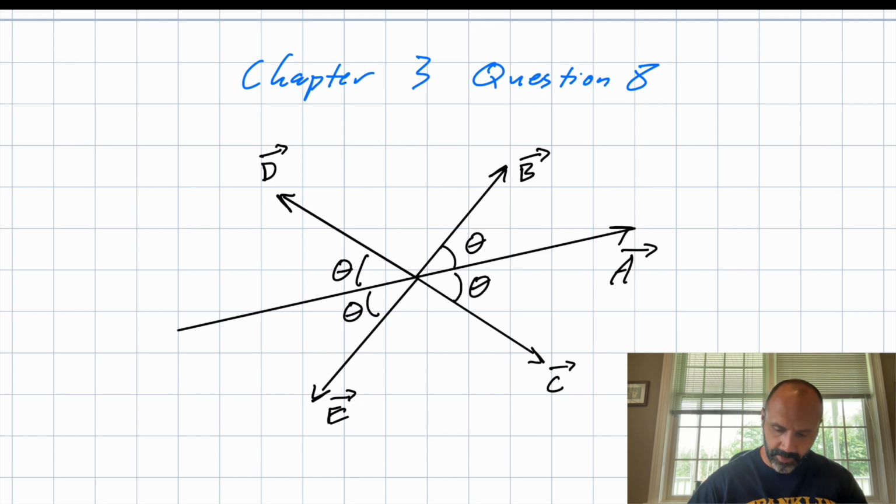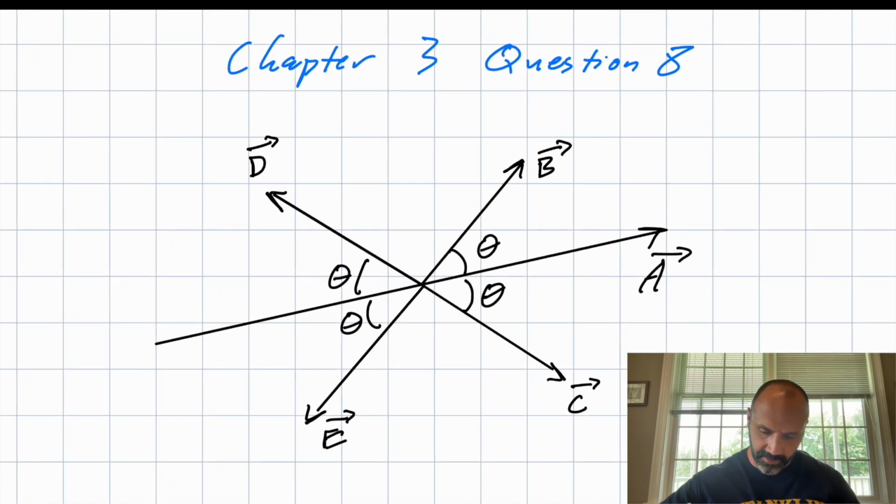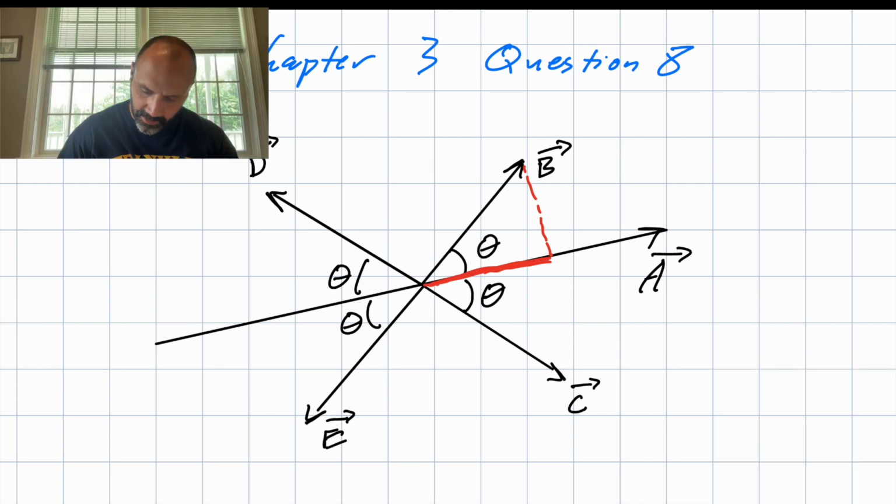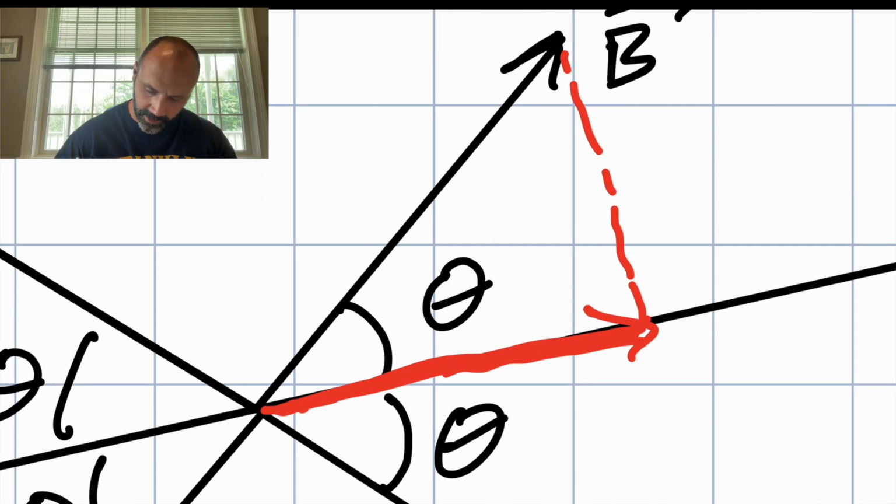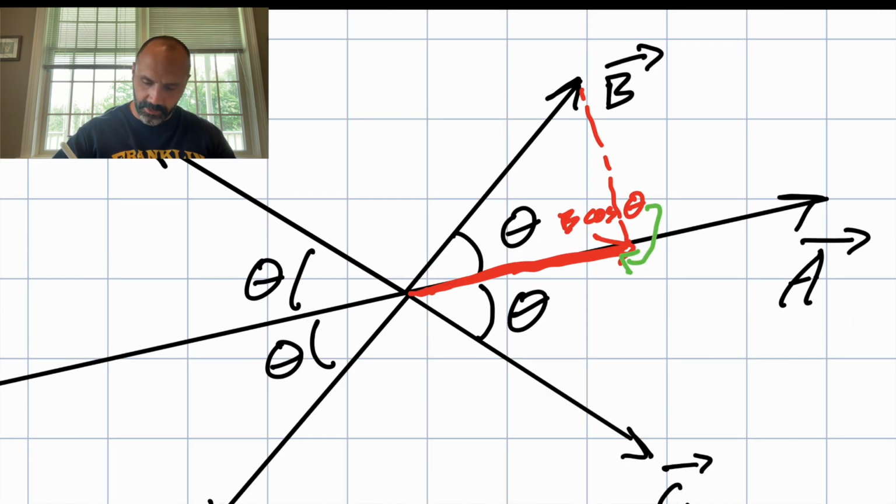If we look at B, if we project B onto A, so kind of make the right triangle with B, notice that this B cosine theta, if we want to call it that here, for this thing, if we do this also for C, we're going to get the same result.